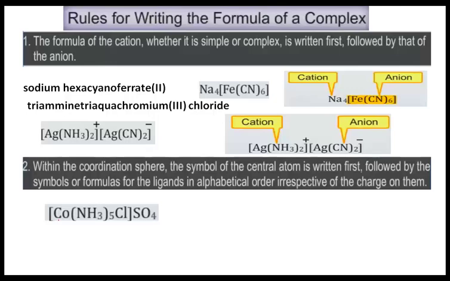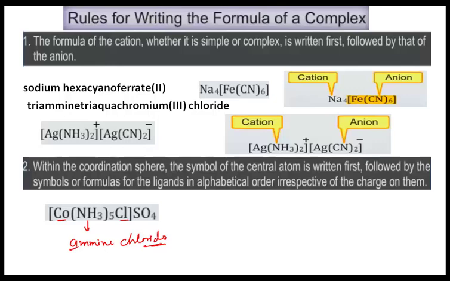Now, another example is given here. The central metal atom is cobalt, so square bracket and then cobalt is written. Then for NH3, as we have written, ammine, and for chlorine we will write chlorido. This is the latest convention, that ido has to be added to the anionic ligand.